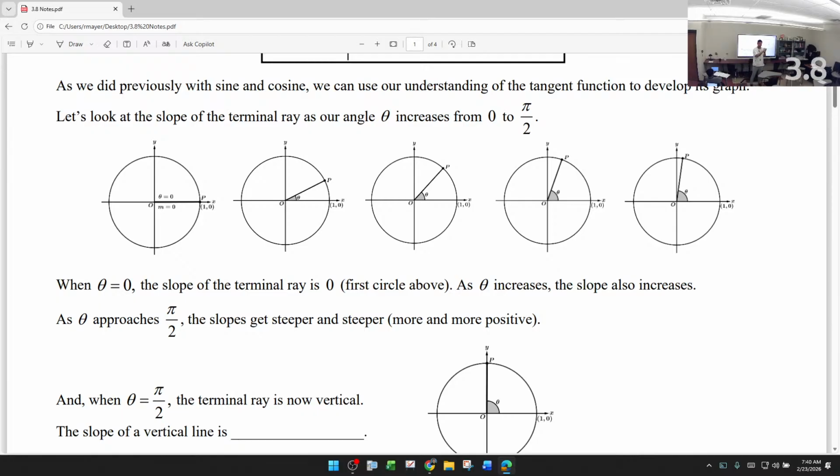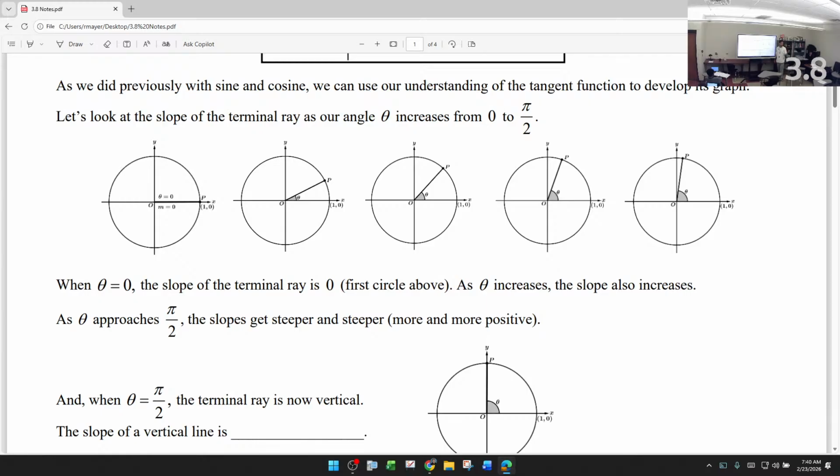Let's go all the way out to pi over 2. Sine over cosine. At pi over 2, straight up in the air, sine is 1 but cosine is 0. Now we have sine over cosine, or 1 over 0. In your whole mathematical career, what do we know about 0 in the denominator?